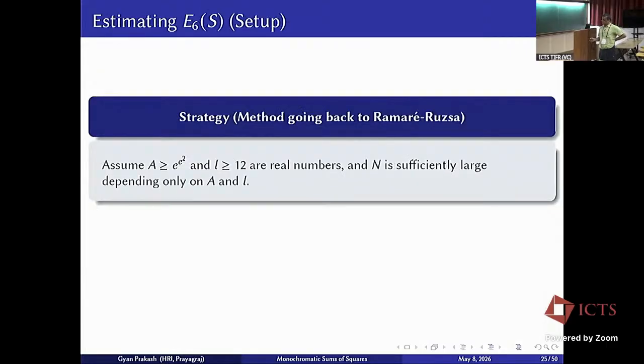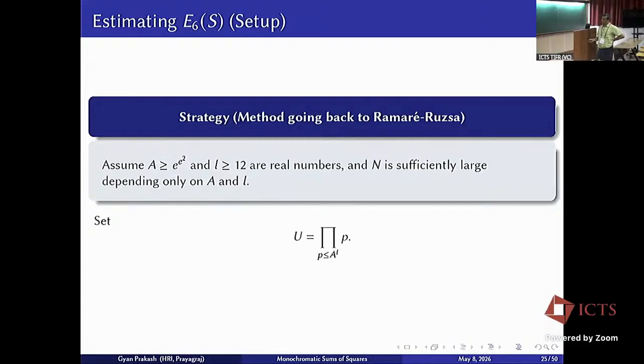Okay. So now this is a strategy. How do we estimate this E6S? This is due to Ramare, Ruza, then developed in Suri and Ramare.